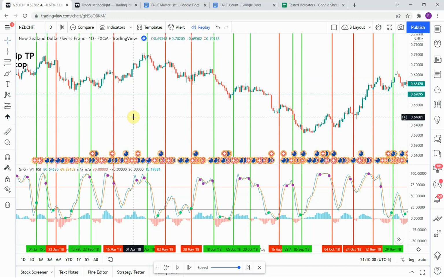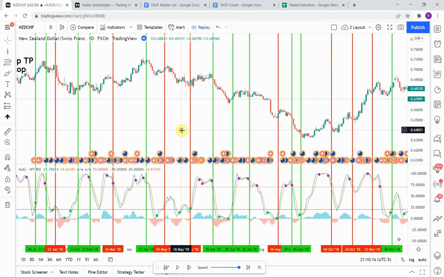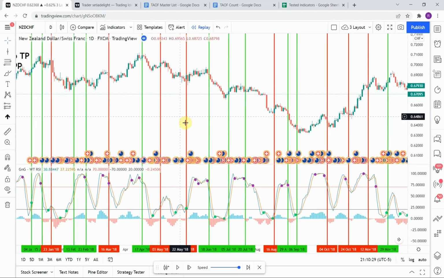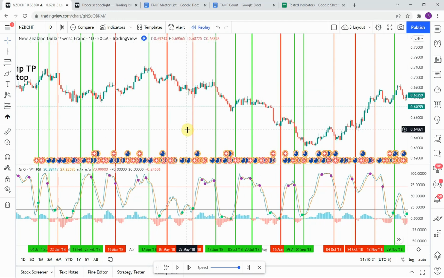It's a shame because it seemed like this indicator was doing rather well, but all in all, the indicator was just a tad bit too quick, and so just a little bit too sensitive. It was picking up signals a little bit sooner than it needed to.